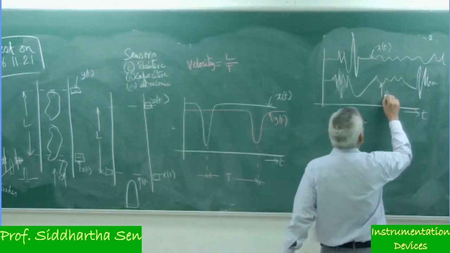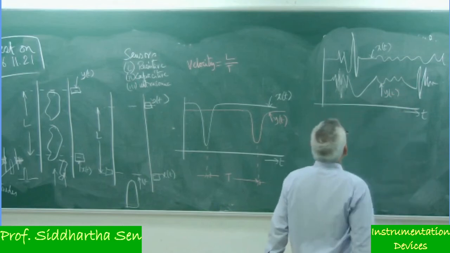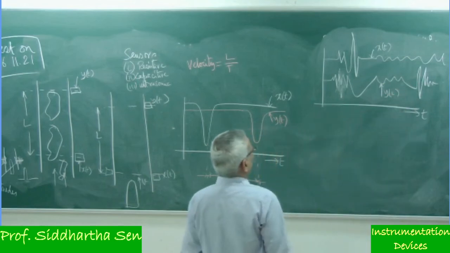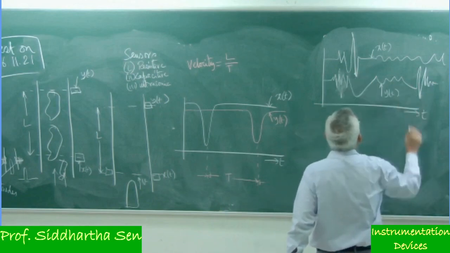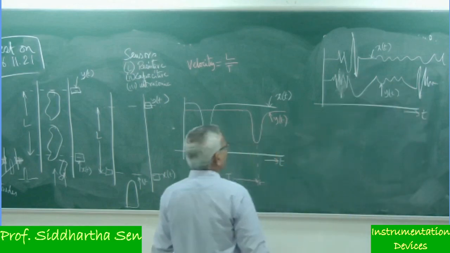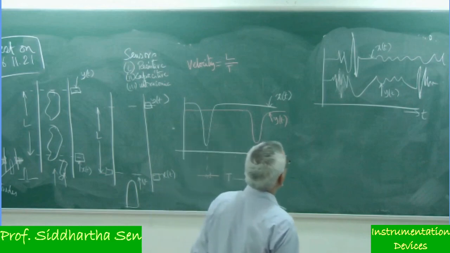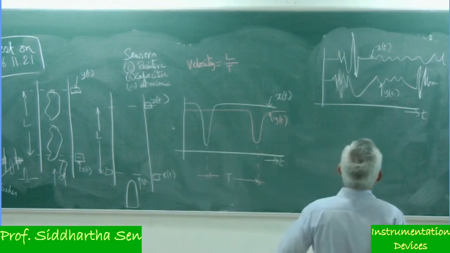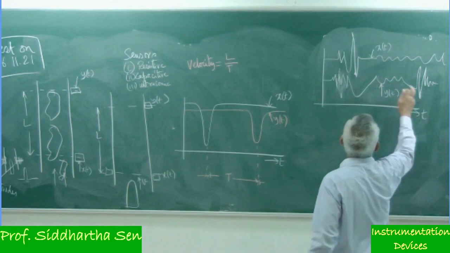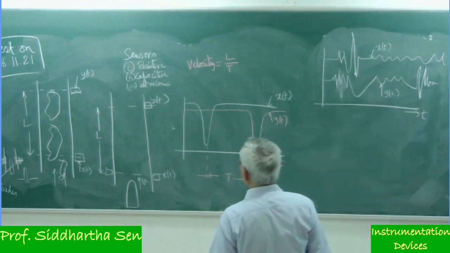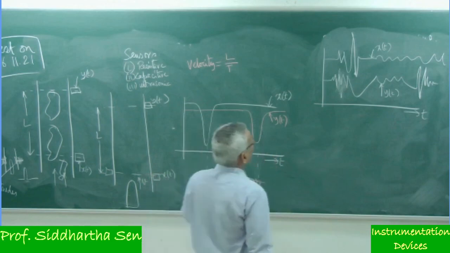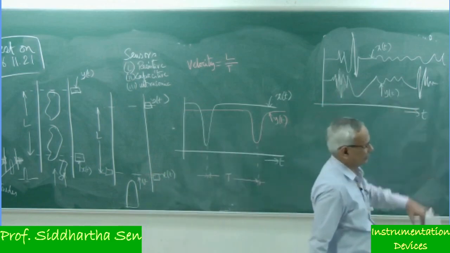But visually, we can see that this point and this point correspond. Observing this, they may be different, but this point and this point correspond to the same disturbance which we have given.